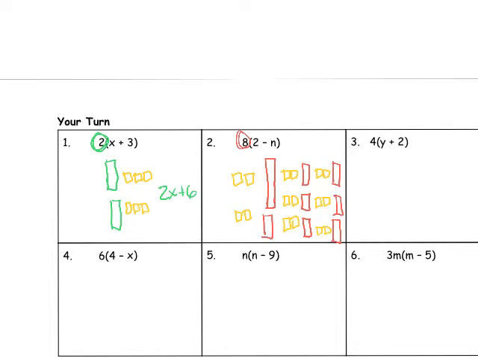I have to do it 8 times. So now, how many of the negative variable do I have? Oh, I have negative 8 n's, and I have plus 1, 2, 3, 4, 5, 6, 7, 8, 9, 10, 11, 12, 13, 14, 15, 16 of the unit tiles. Okay? Now, I can just take 8 and multiply it times 2, and 8 times negative n, and I'll get the same answer.